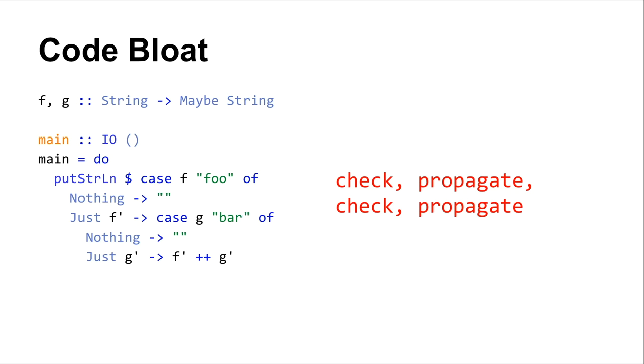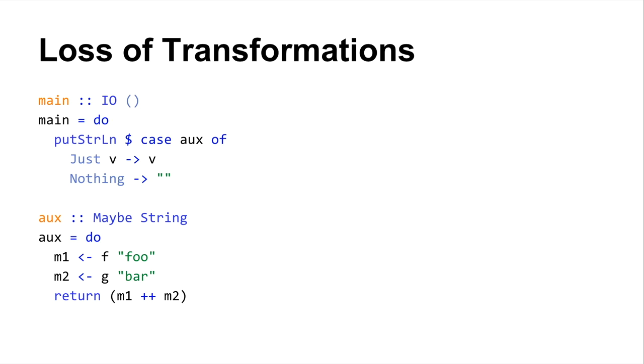You'll notice here that if I want to combine their inner values, let's say using string concatenation, I have to do this error propagation, check and propagate, check and propagate. I can eliminate some of the boilerplate noise by using the monad instance of Maybe, but then I've incurred this first this, then this. I've created a sequence when actually these two operations have nothing to do with each other, just the concatenation.